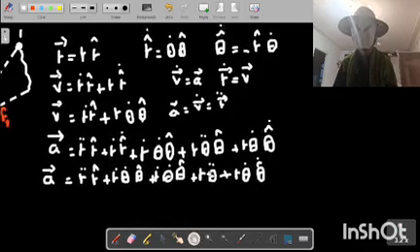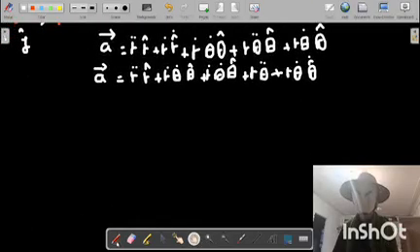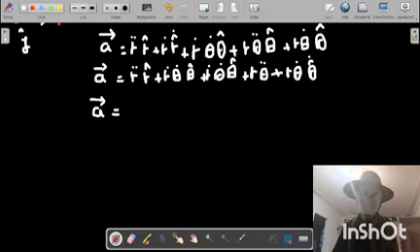Now let's use this in our equation. The vector of acceleration is, now I'm gonna make these things a little bit simpler. You see these two? R dot theta hat, R dot theta hat.